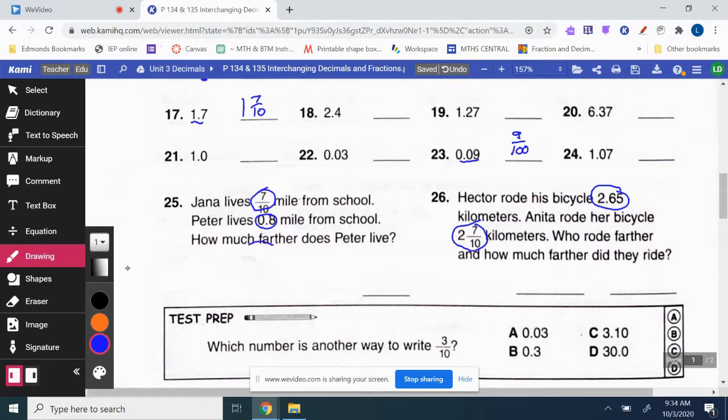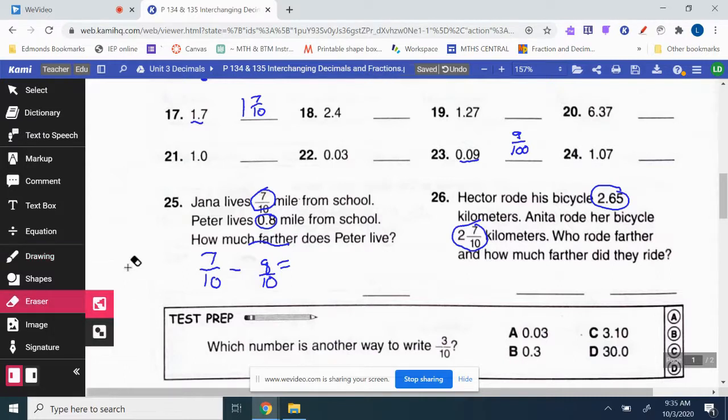So further tells me I'm doing a subtraction problem. So I'm going to have 7/10 minus 0.8. And that doesn't work in our brain. So let's change this one, 0.8, to a fraction. I know that's 8/10, so I'm just going to write that over tenths and get rid of the decimal. If I could use my eraser, there we go.